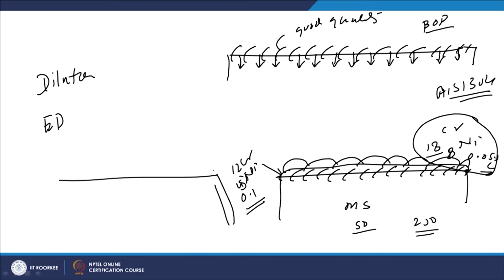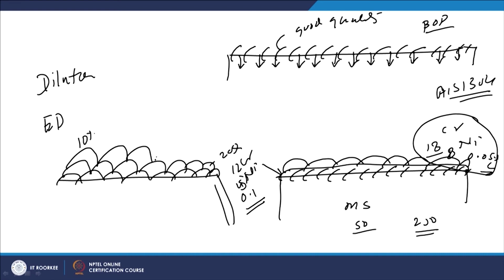So, if we see here, when one layer is applied, say the dilution level may be 20%. When the second layer is applied, dilution may come down to say 10%. Then the third layer may further lead to a reduction in the dilution, which means the extent of change in composition of the surface layer material being applied in the form of the bead on plate will be reducing.